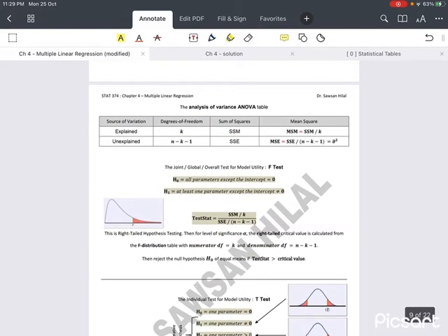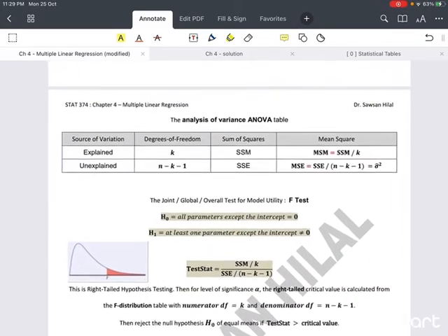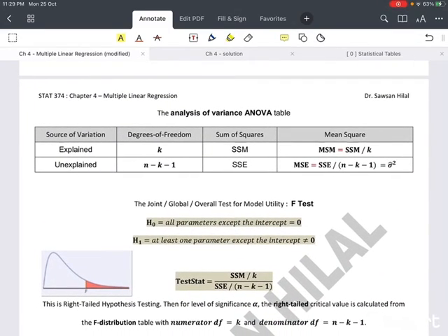Okay, we will move to the next page. The next page says the analysis of variance, or you can call it ANOVA.